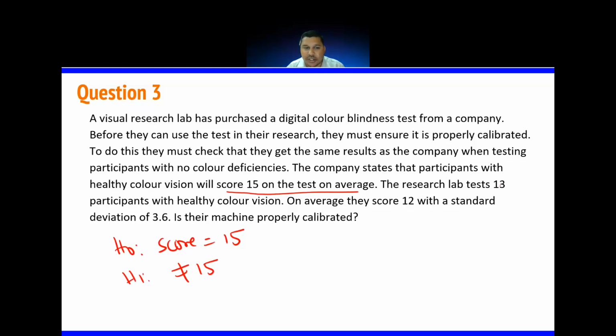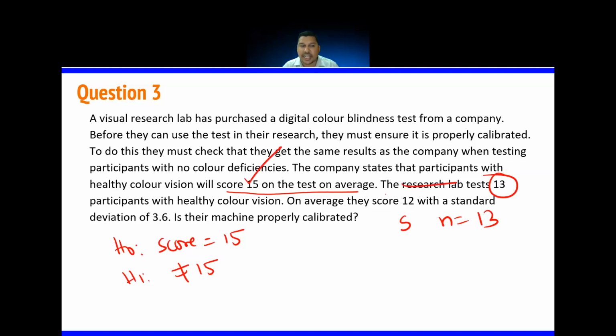The research lab tested 13 participants with healthy color vision. See, they are testing only a small number, so the sample n value is 13. The company is saying that for people with healthy color vision the score will be 15.